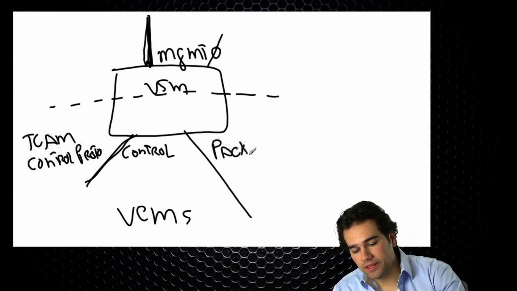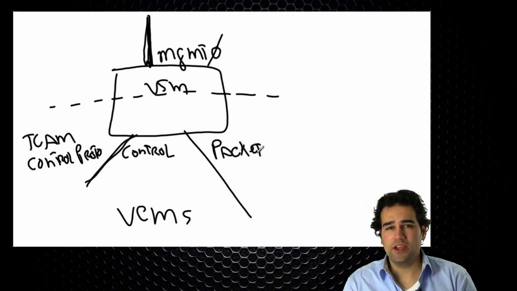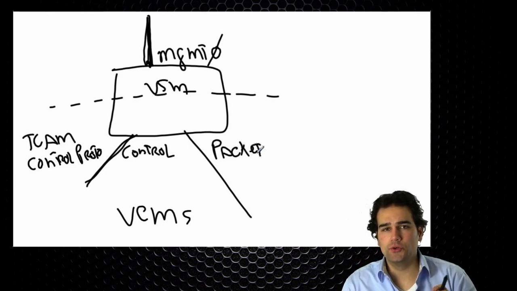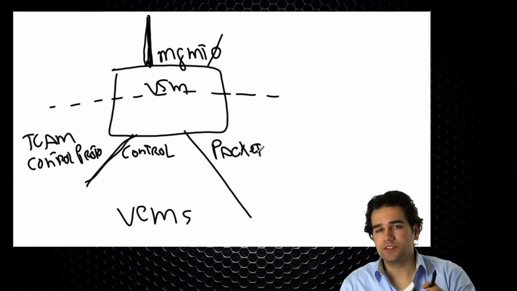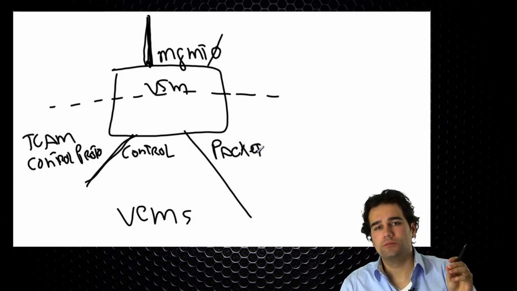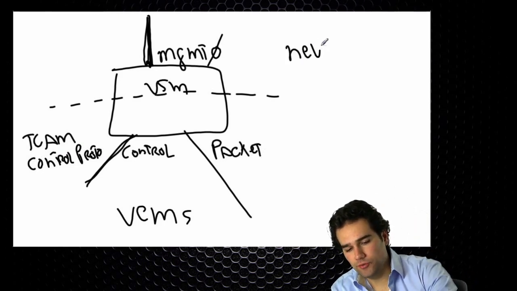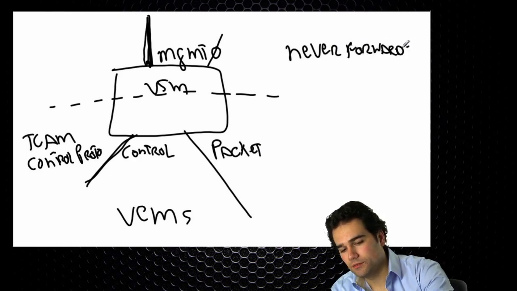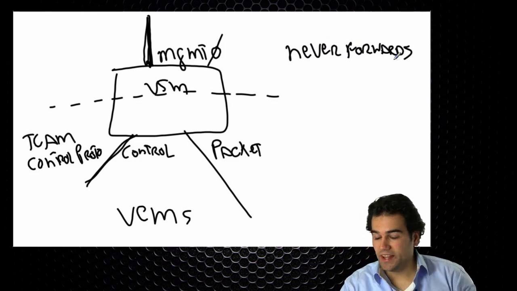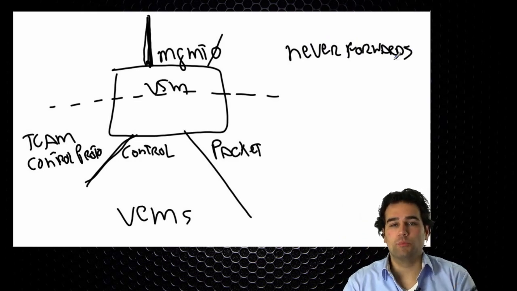The packet VLAN carries everything related to data packets that need to be forwarded by the VSM. So the VSM never forwards packets. It never forwards packets, that is for sure. So it will not do one port in, one port out.